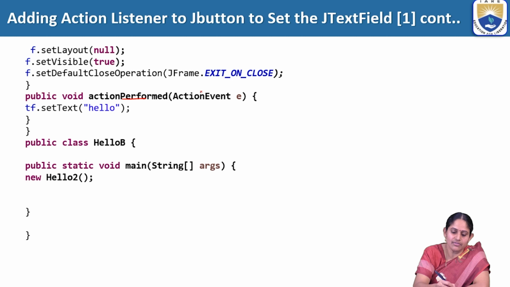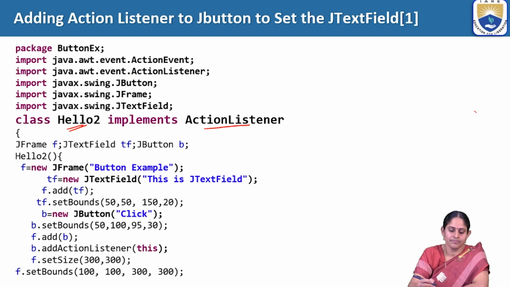The event which will occur is the action event. When we press the button, an object of the class ActionEvent will be created, and it will be passed on to the actionPerformed method of the listener interface.